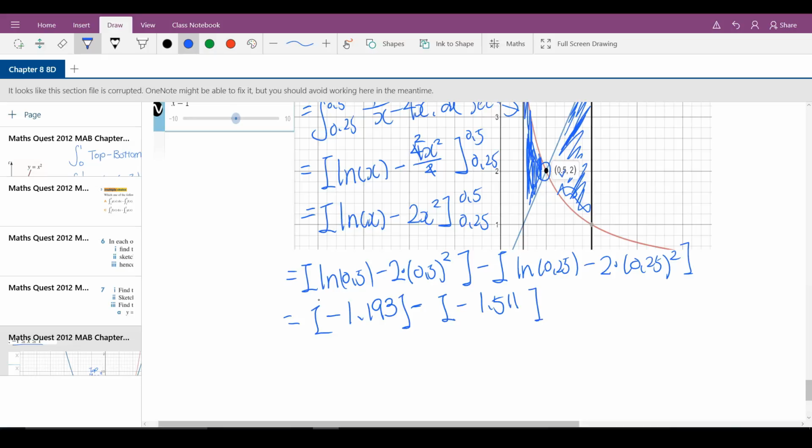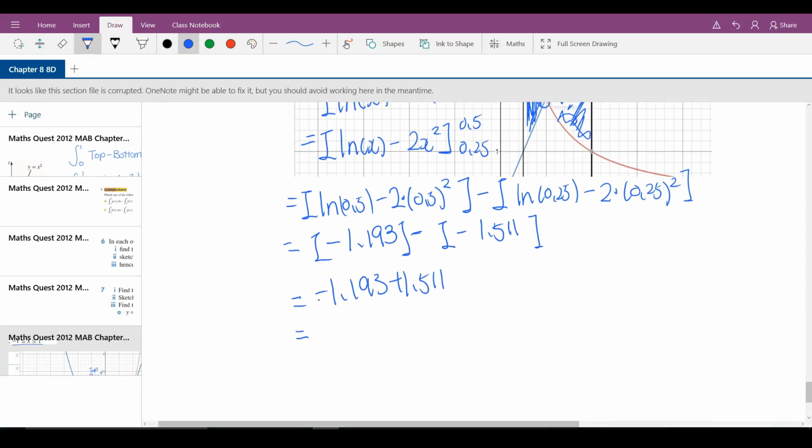So that just becomes positive. Hold on, let me do it again. Negative 1.193 plus 1.511 is 0.318. That's our section 1 area.